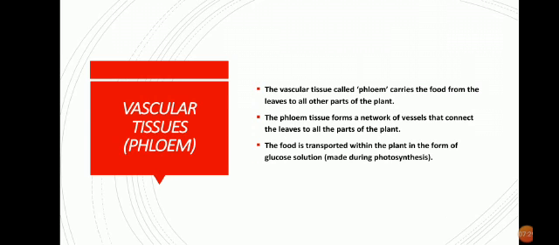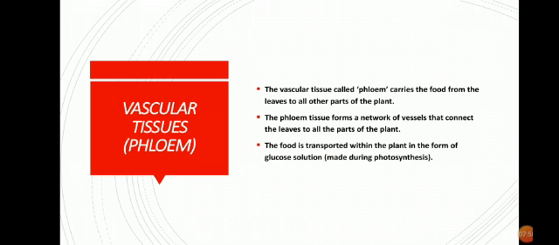Next is the phloem. What is the function of phloem? The vascular tissue phloem carries the food from the leaves to all other parts of the plant. This phloem tissue forms a network of vessels that connect the leaves to all the parts of the plant including the root. And thus this transport of the food to the entire plant gets completed.